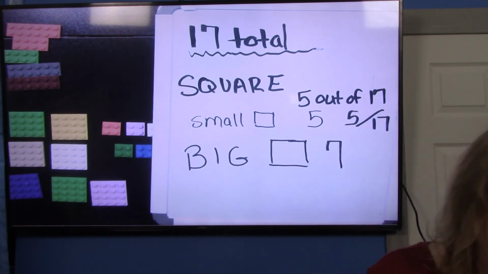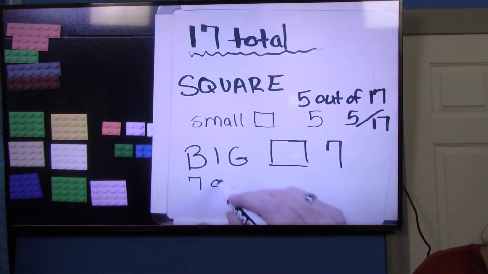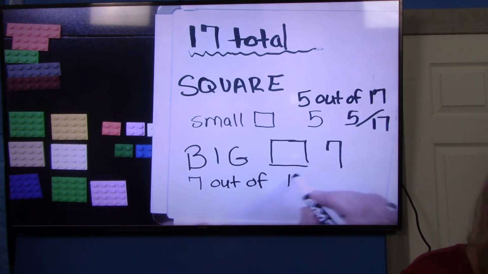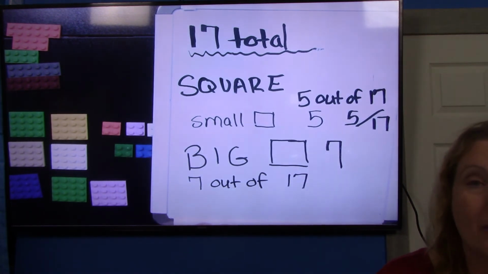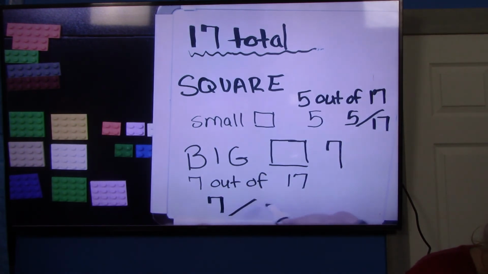Now, if you wrote it in words, you would write 7 out of 17. Or maybe you used a slash on your keyboard and then you'd write 7/17.